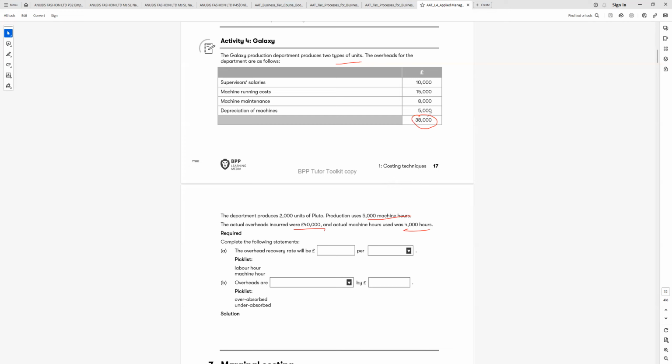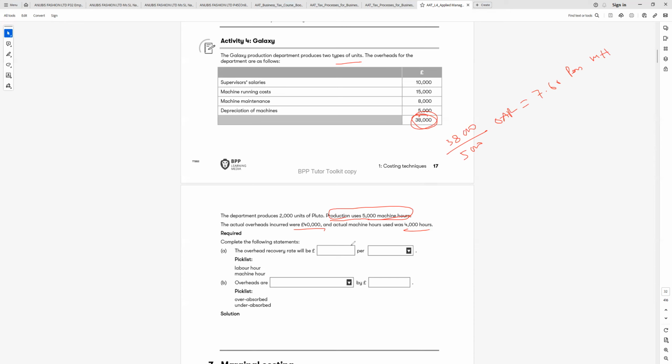So my total overhead is 38,000, and we need to divide it by the activity level. Here the activity level is machine hours. They say production uses 5,000 machine hours, so we divide by 5,000. My OAR, overhead absorption rate or recovery rate, is 7.60 per machine hour.